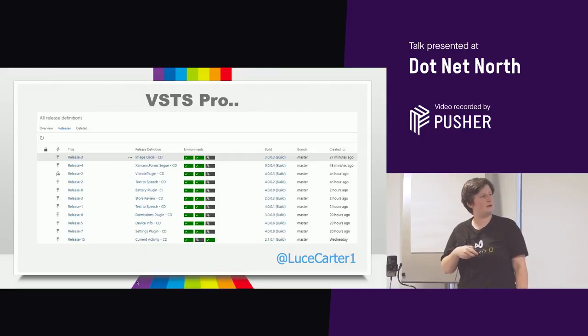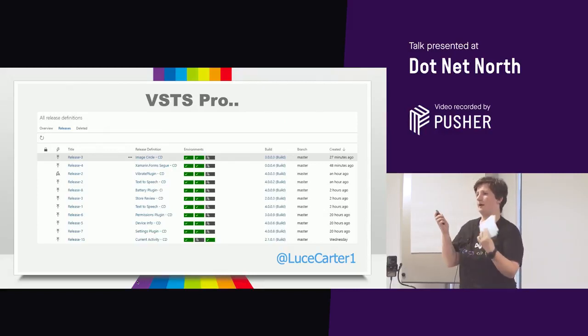A friend of mine at Microsoft makes a lot of plugins for Xamarin, and as with any other .NET plugins, they end up on NuGet. So this is his list of definitions. He uses VSTS for building. He pushes the code, it builds it. If it passes everything in release, he builds up the NuGet packages and pushes them up. So people do actually use VSTS for real-world things.